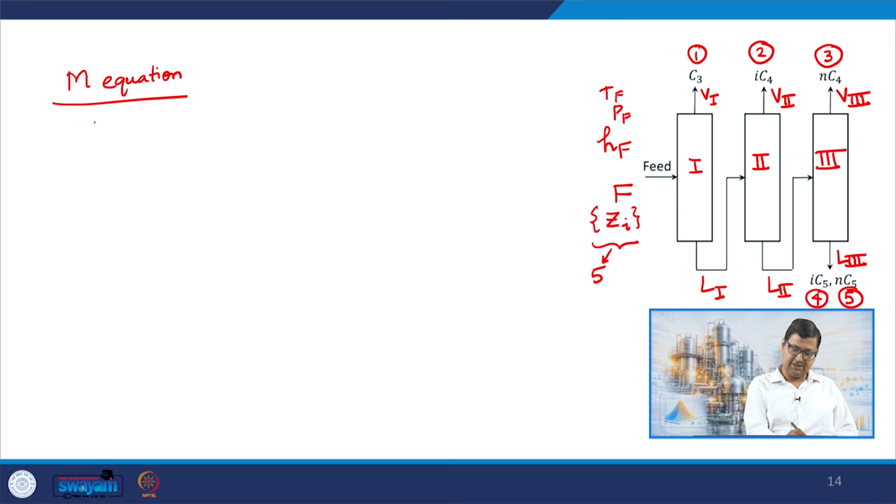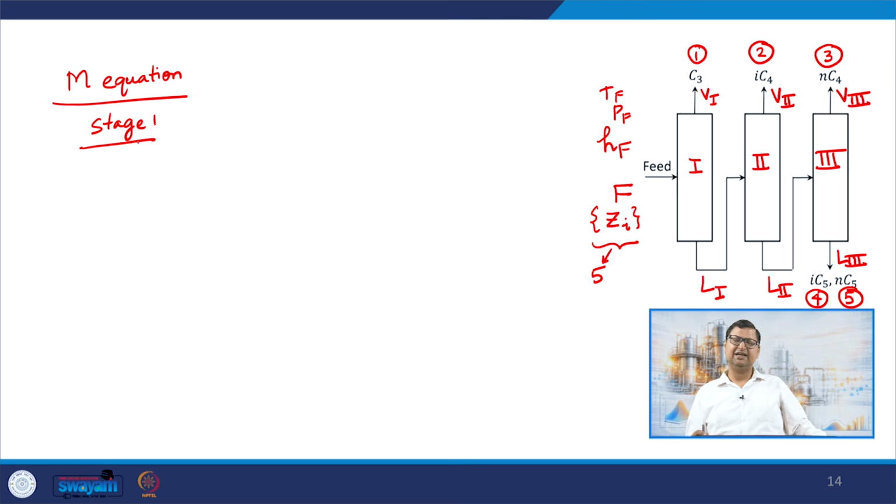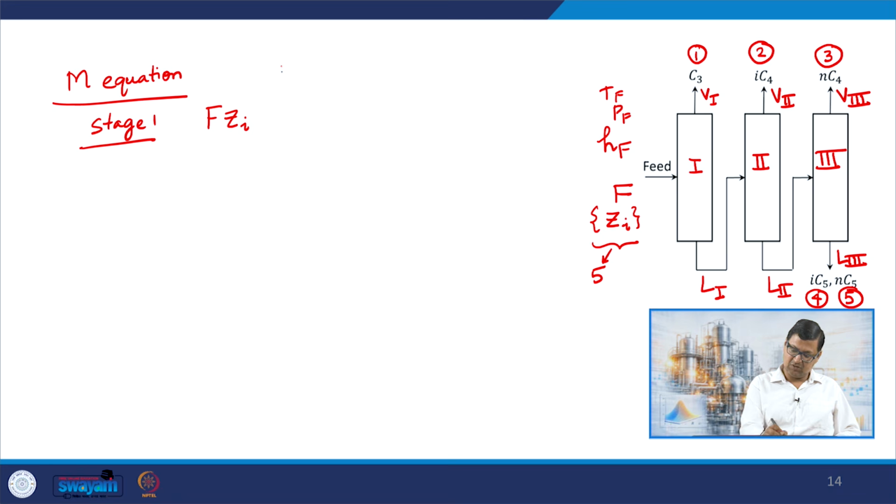So for stage 1, for every component, I can write the material balance equation, and that is going to be something like F Zi, that is coming in, and then what is going out is my V1 Yi, and what is also going out is my L1 Xi, right?